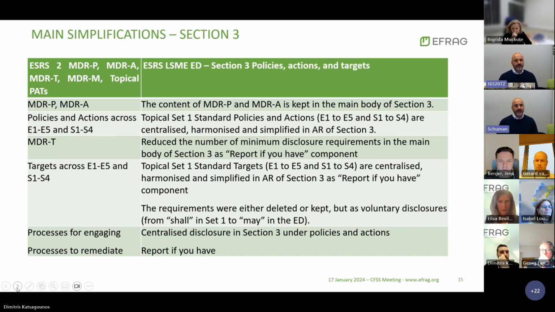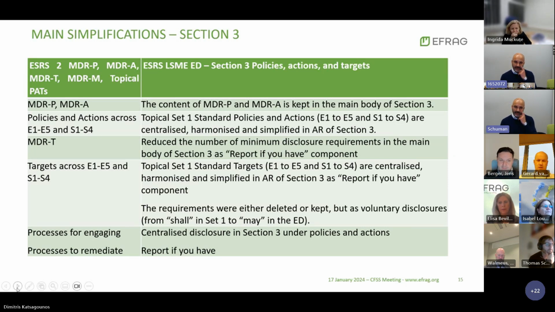In section 3, we have centralized the disclosure requirements related to policies, actions, and targets. From the topical ESRS, we centralized all the disclosure requirements in this section.